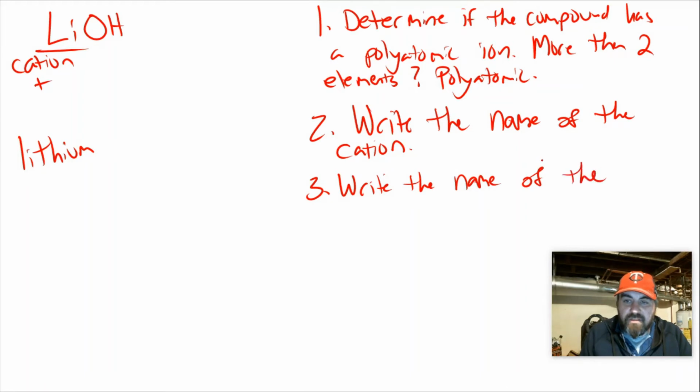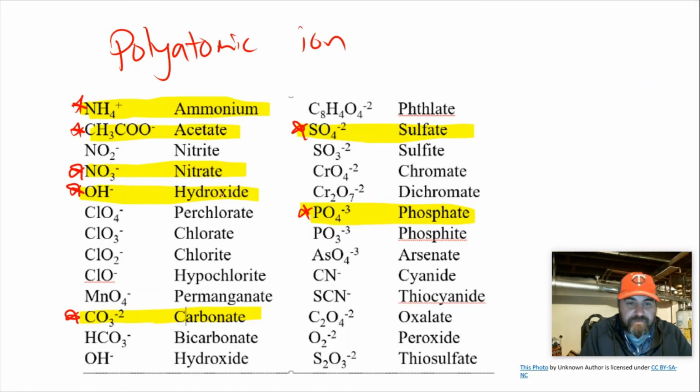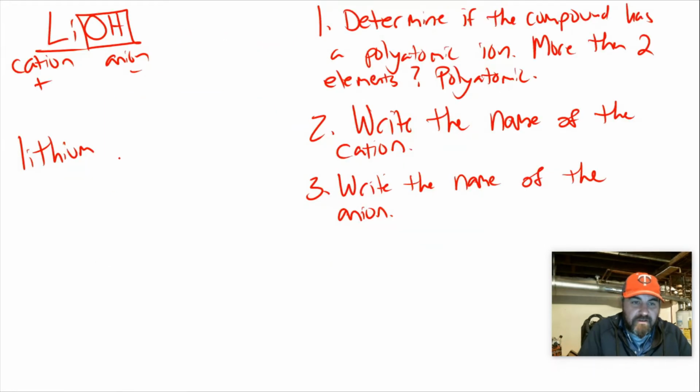Step 3. Write the name of the anion. The difference here is the anion is not just one element. Anion, the negative half. We go over to our chart of polyatomic ions, OH, hydroxide. So we write hydroxide. We're done.